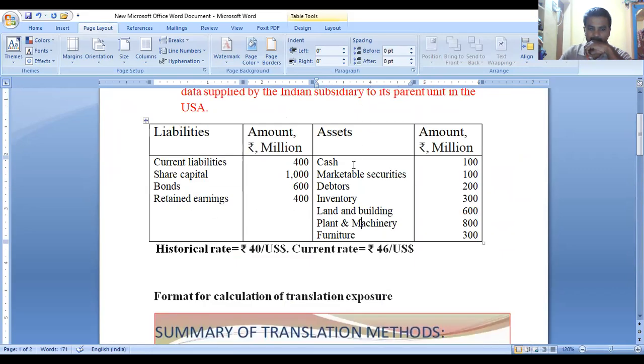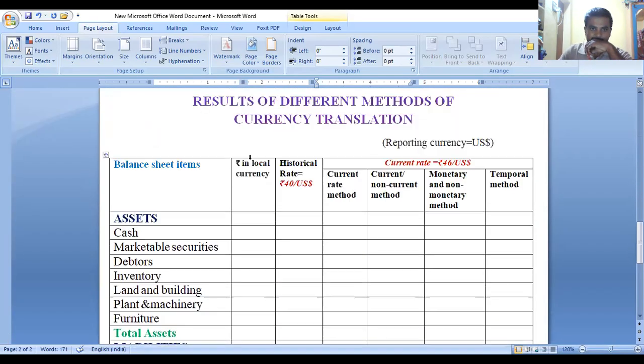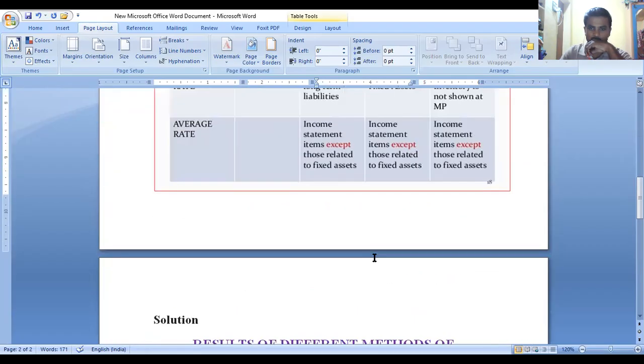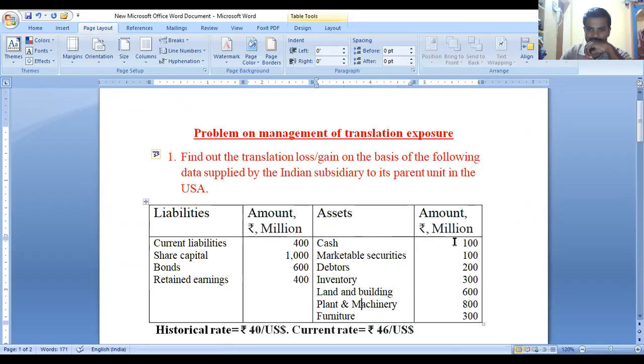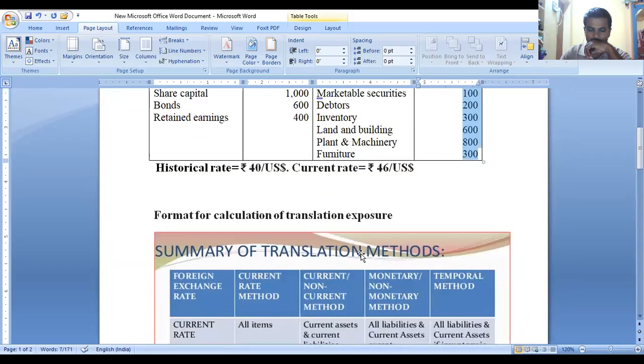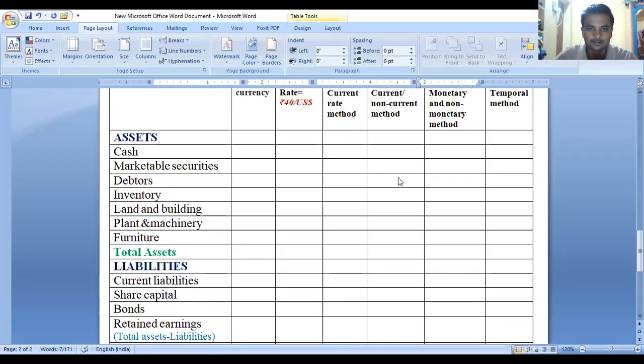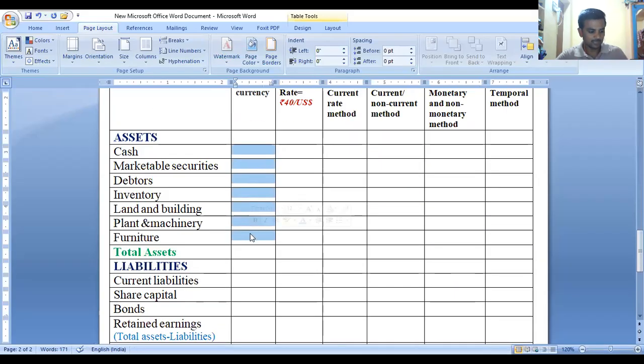See, I kept the same total assets here. The second column is rupees in local currency. What are the existing values? We can copy and paste them. Here I'm going to keep all the items. This total is in the form of Indian rupees, in millions. Here I'm pasting each item's values.